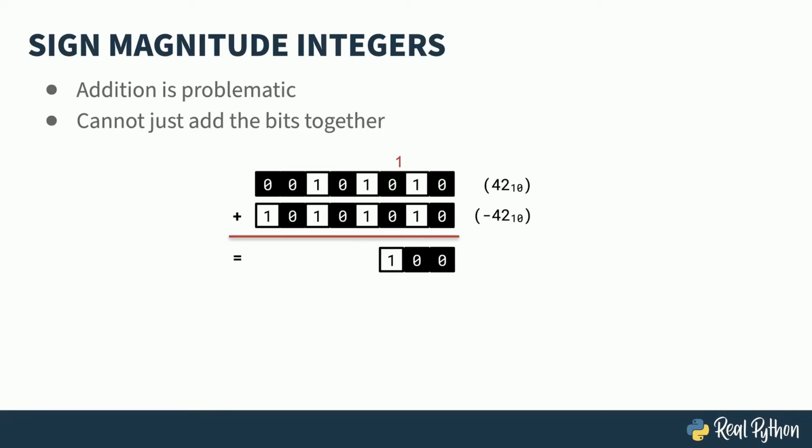Then 1 plus 1, carrying again. 1 plus 1, carrying again. And finally 1. The end result of adding 42 and negative 42 this way is negative 84. Let me just get a calculator quickly. Yeah, nope, that's not right. You can't just add two sign magnitude numbers and get the right answer.